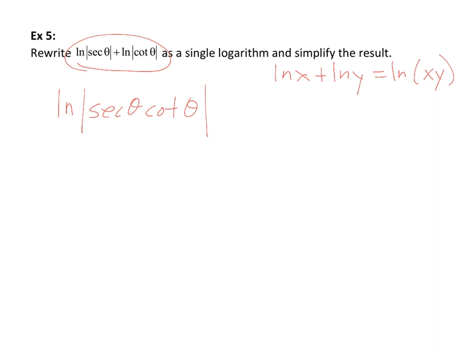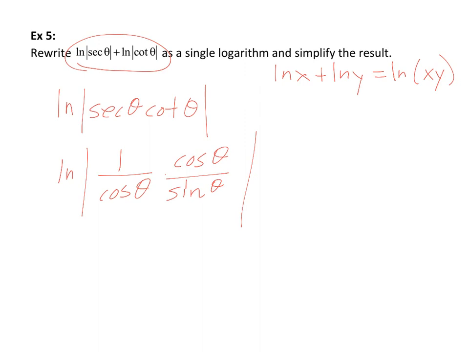All right, but here I have natural log of secant theta, cotangent theta. How can I simplify these? All right, so start looking at your identities, seeing how you could relate some of the functions, and then maybe this will stand out. I can replace secant with 1 over cosine theta times cotangent, which is cosine theta over sine theta. Okay?